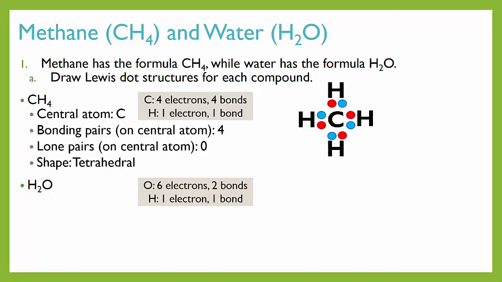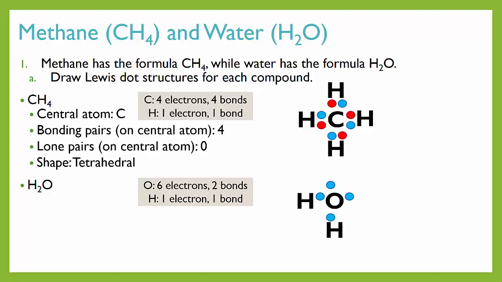So we'll start with our central atom. So that's going to be the one that can form the most bonds, but it will never be hydrogen. So oxygen will be my central atom, and I have to attach to that 2 hydrogen atoms. So those hydrogen atoms can form single bonds. We can go ahead and place the electrons for oxygen.